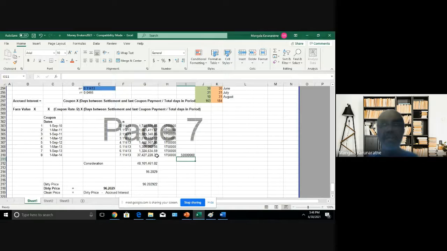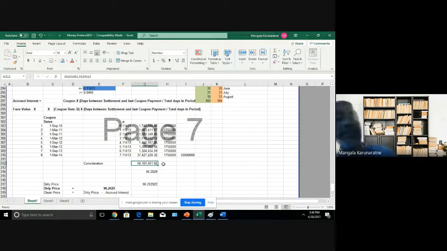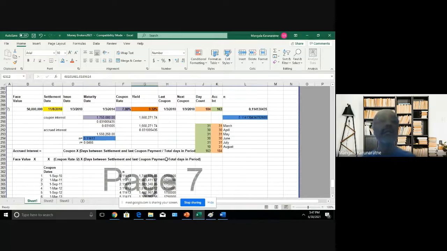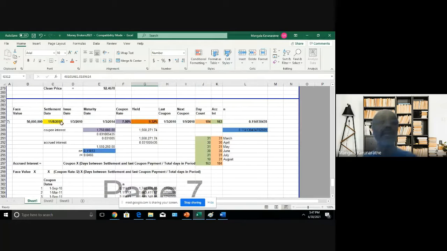We have done about 4 questions like this earlier. We have got 48,101,461.02. This is the consideration for this bond. This is the amount that you have to pay to buy this bond on this date, 11/8/2010, at a yield of 9.32.